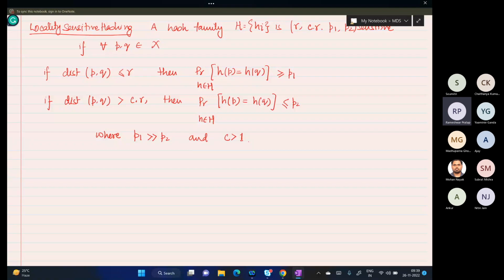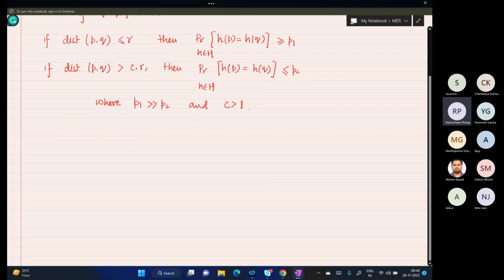So once we get the query point, we see in which bucket it falls, and now our search space is reduced to the points belonging to that bucket only. So we don't need to compare the similarity or distance with all the points in the data set.